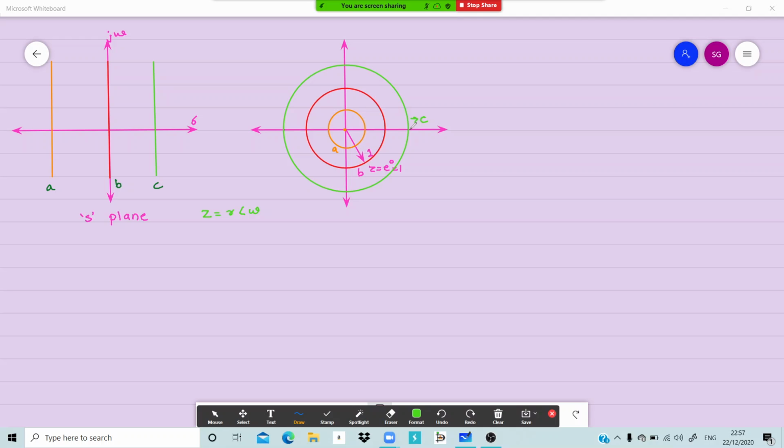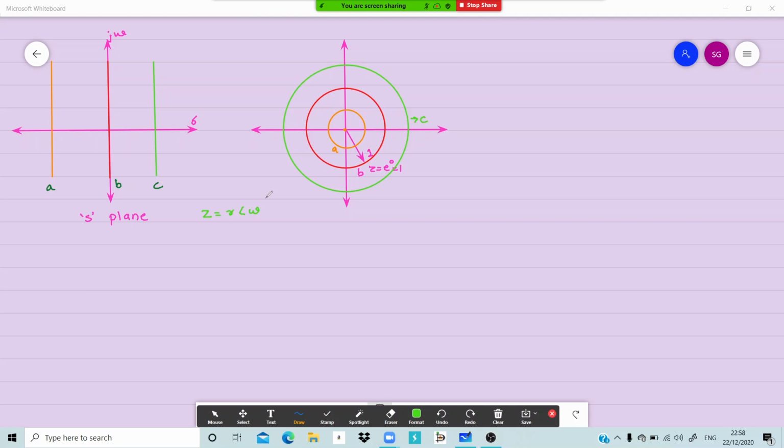That means at this point, for this particular circle, you are at this point. As your frequency is increasing, it is going to move like this, going till infinity. When you are going down, it is moving like this. Because omega is representing the angle, and angle has to be shown in the form of a circle, that's why it is circular.